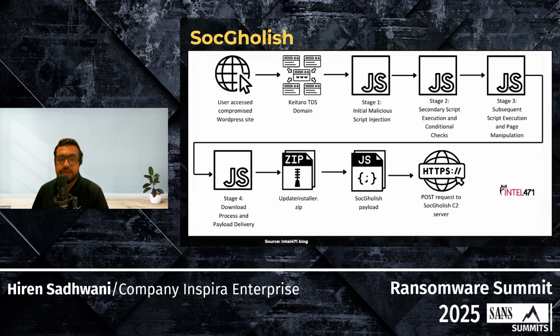The user visits the compromised website, which redirects to another malicious site that downloads the malicious payload, stage 1, stage 2, stage 3, stage 4. Four different stages of JavaScript files were used in that attack. At the end, it downloaded a zip file, and extracting that zip file again gives the fifth payload of SocGholish. Once it is downloaded, it connects to the CNC server and does post-exploitation activities.